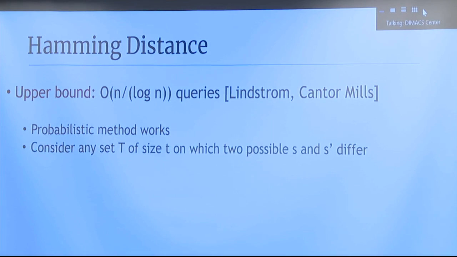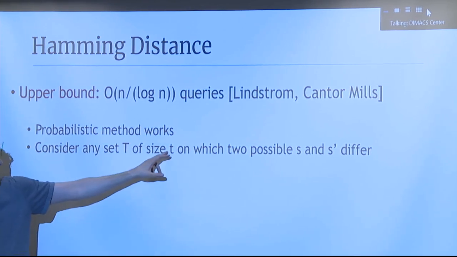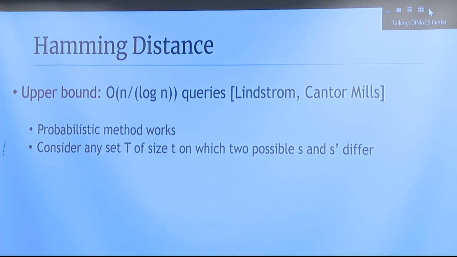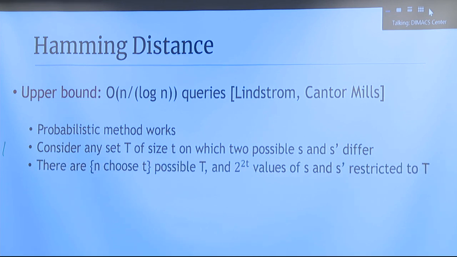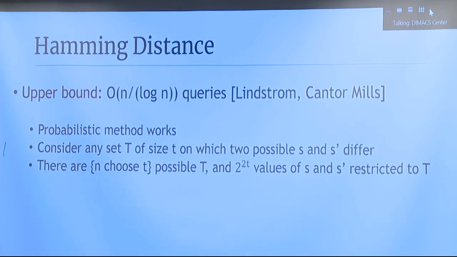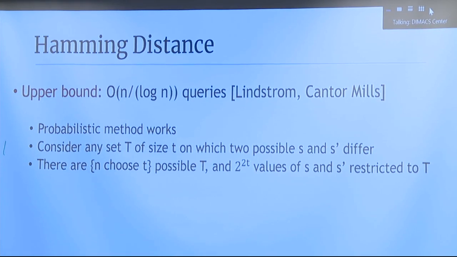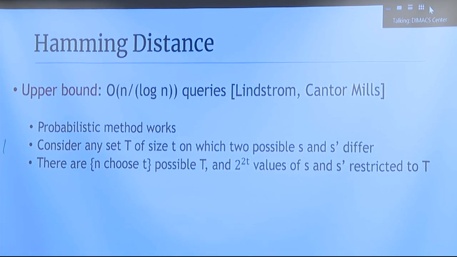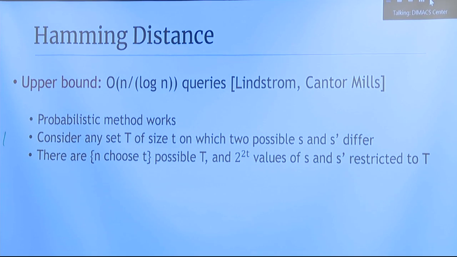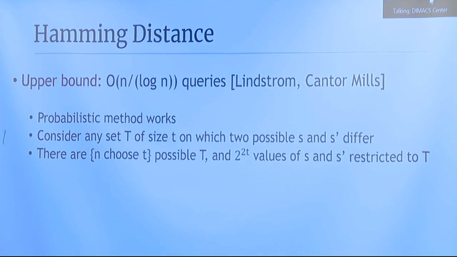So you consider any set T, a subset of coordinates, say of size little t, on which 2 possible secrets S and S prime might differ. So they differ exactly on that set capital T of coordinates. And you just count. So there are n choose t possible sets capital T. And when I fix my set T, then I have 2 to the t values for S restricted to those coordinates, and 2 to the t values of S prime restricted to those coordinates.